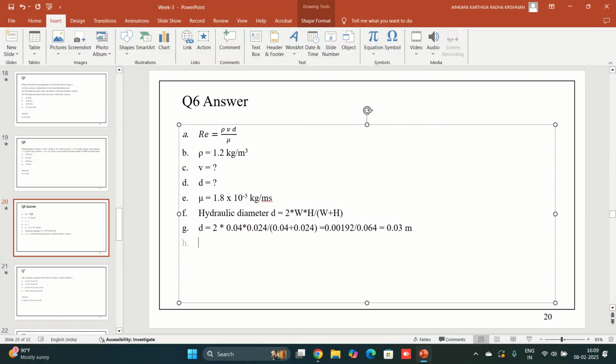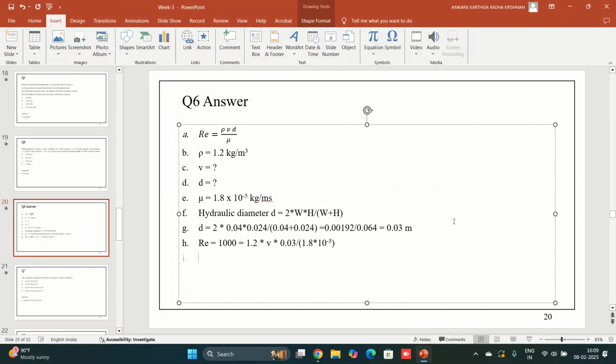So now coming back to the Reynolds number, which is equal to 1000, equal to rho is 1.2 into V into D, that is 0.03, divided by 1.8 into 10 power minus 5. That is the viscosity.